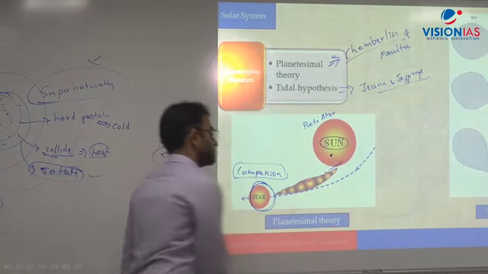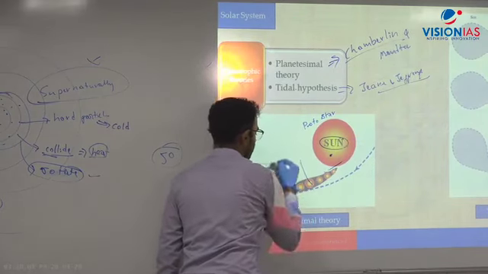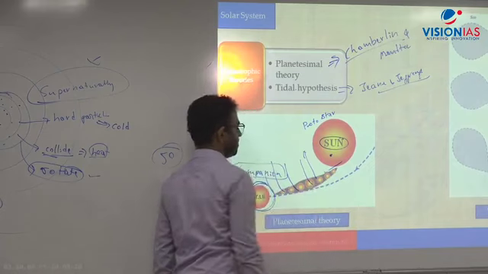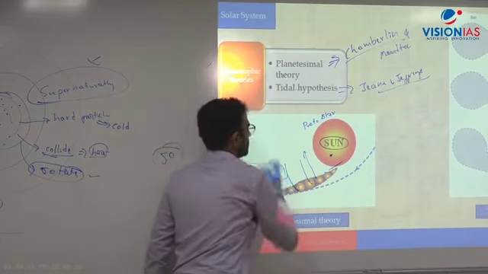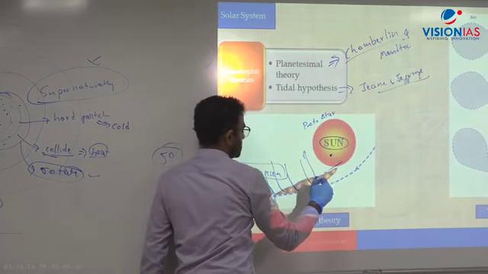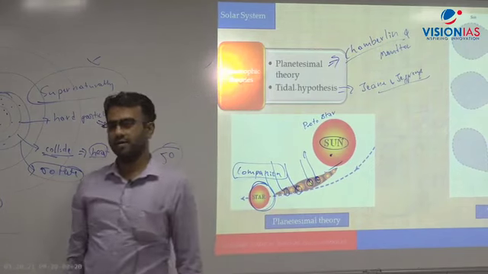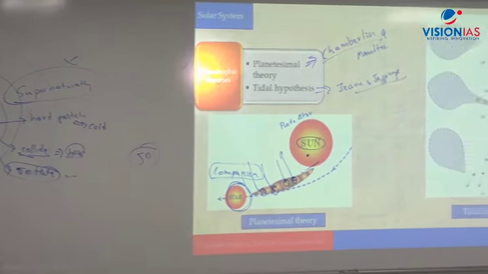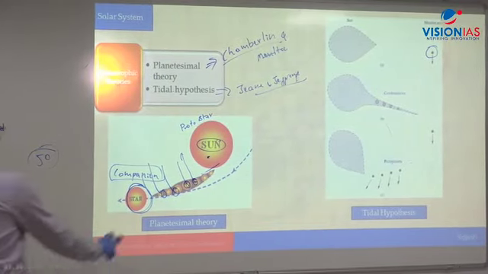This ejected mass started to revolve around the sun in different orbits, because the star was moving in this direction, and this mass gradually condensed, became more concrete, and that led to the formation of different planets.